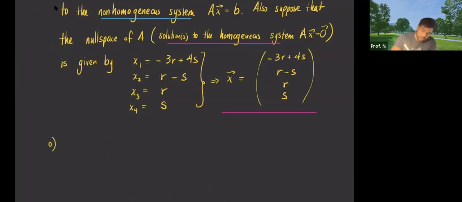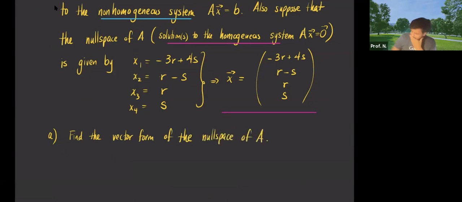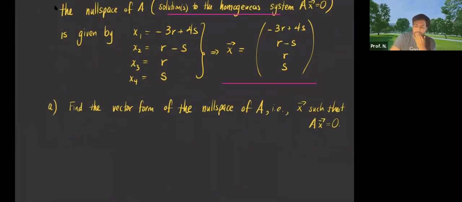And so the first question is, find the vector form of the null space of A. Or in other words, find X such that AX equals 0. So we kind of already did that here.